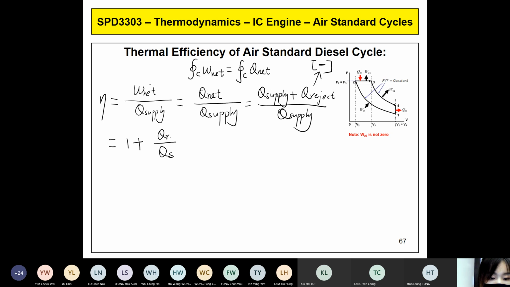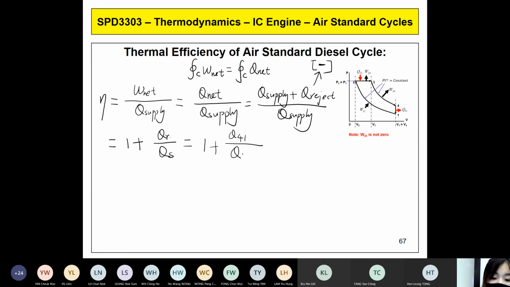You can use this one. You can also use this one. For this cycle, we have already performed the analysis for each process. So what is Q reject? What is the reject heat? Reject heat is Q for 4 to 1, right?